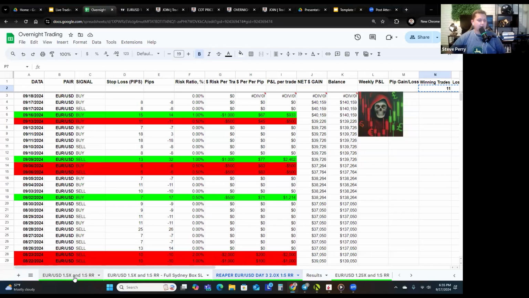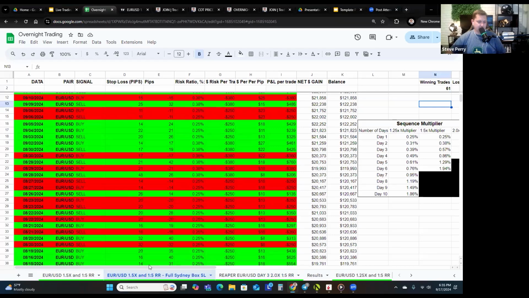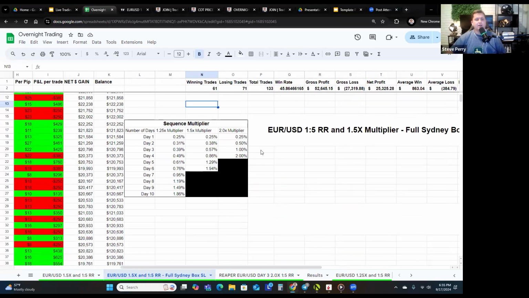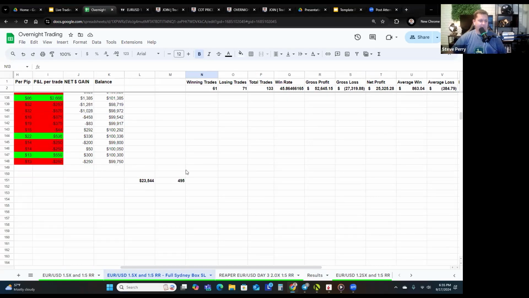Okay. So if you were not to do this, it probably wouldn't make a lot of sense to trade the overnight trading strategy, just because the market is almost perfectly random. And in fact, to illustrate this, in the last 4.5 months, the strategy has only made 495 pips.